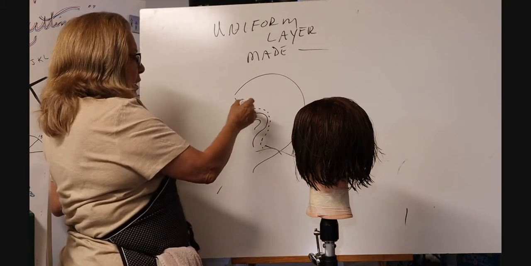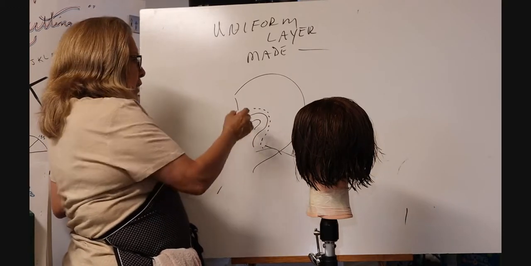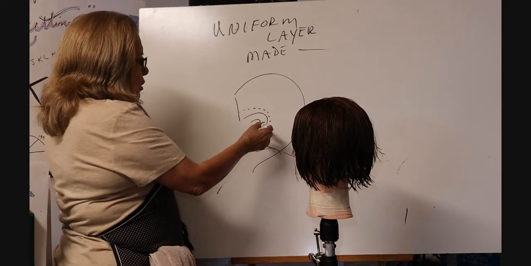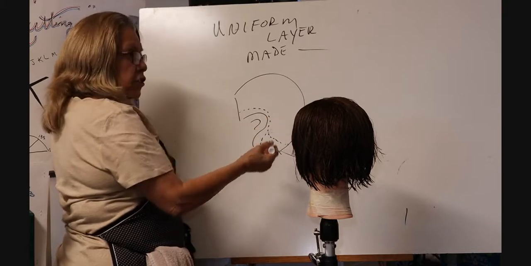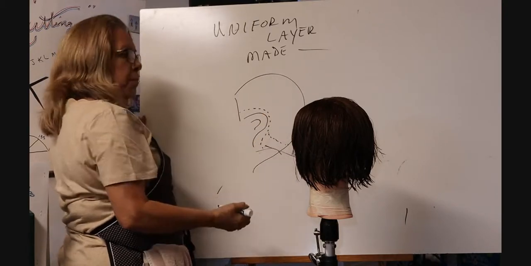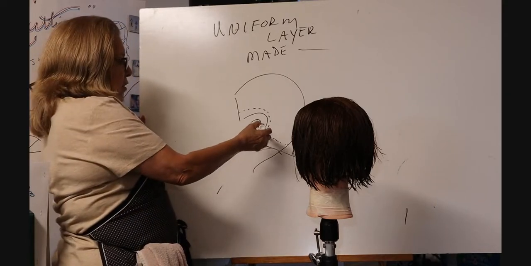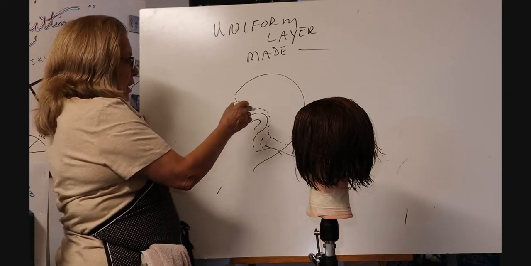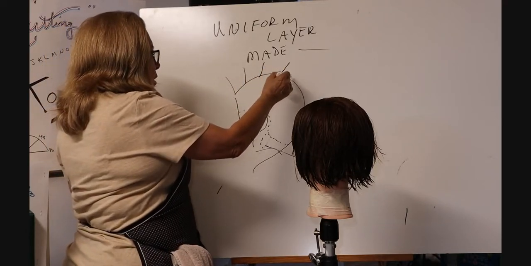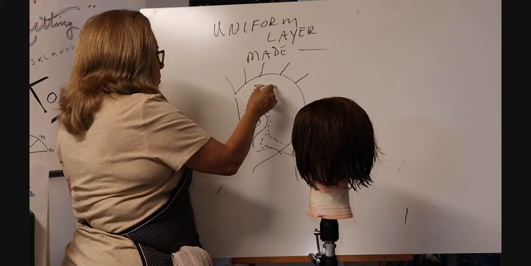It's this area here that causes the mullet, so we want to keep this long. All right? You may want to, depending, section off the nape line as well. Remember, that inverts in. That's going to make a difference. So these are areas of concern with this cut. Otherwise, everything is held straight out from where it grows.